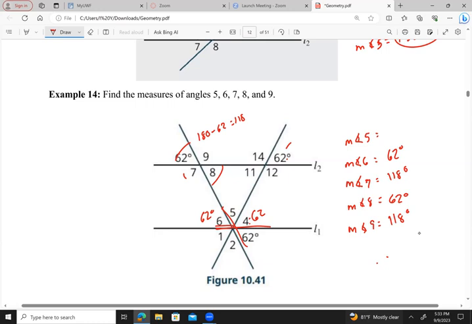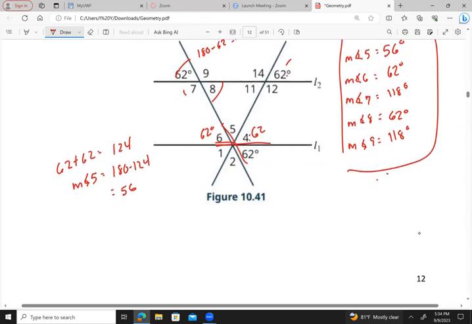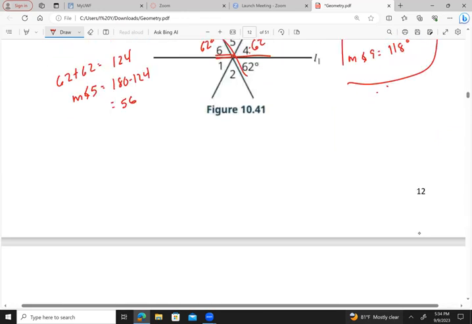And so now I have 62 plus 62, which is 124. The measure is that, and I get 180. So we have 180 minus 124, which is 56. So 56 degrees. And there we are. And that finishes up angles.